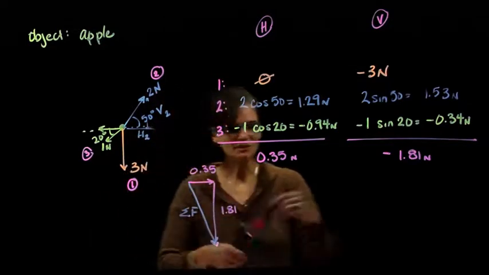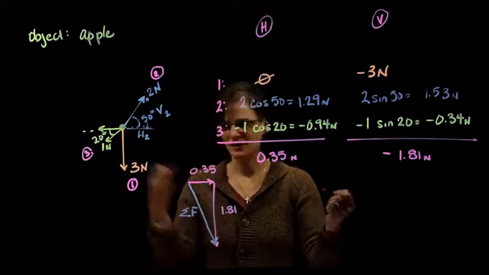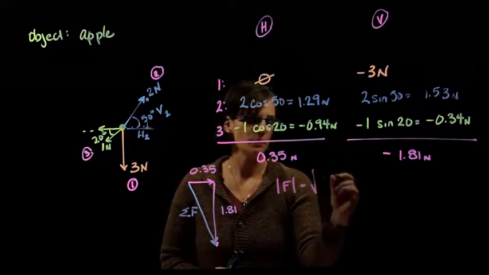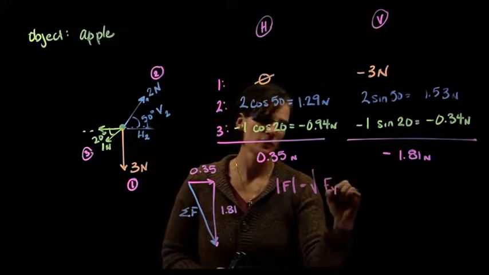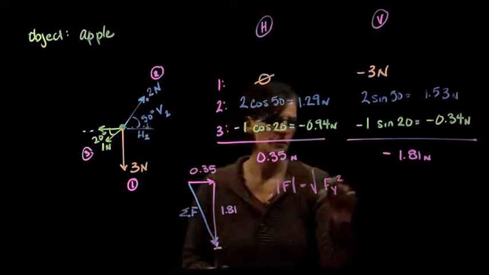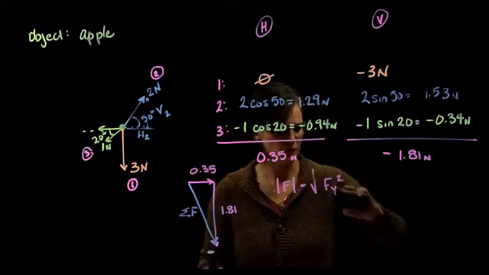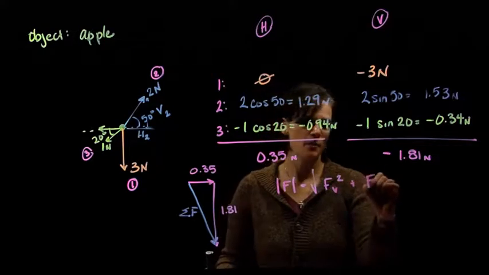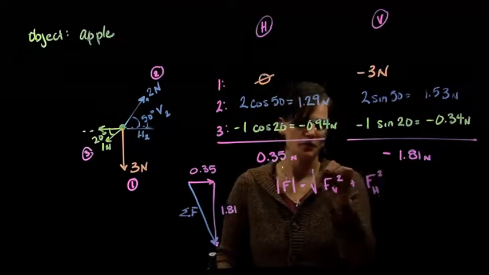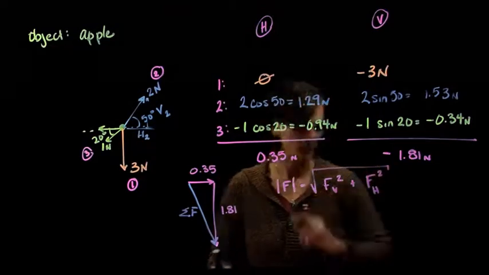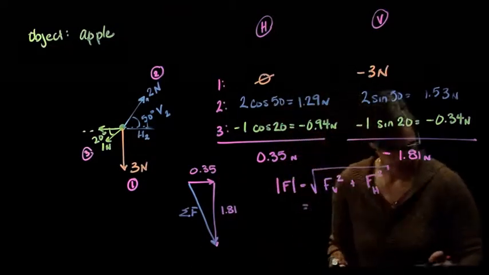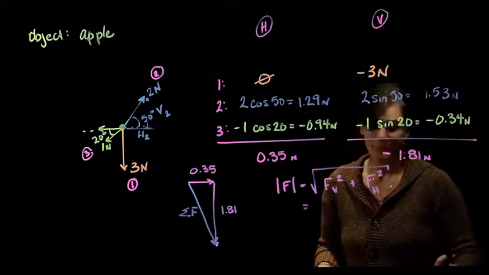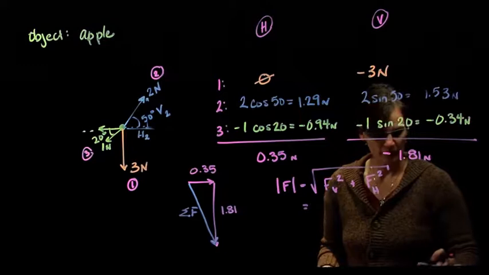So to get the magnitude of the net force, we're going to take the square root of the vertical component squared, the y direction. Oh, sorry, we're going to use v for vertical. The vertical plus the component of that net force that is horizontal, and take the square root of that. So the square root of negative 1.81 squared plus 0.35 squared.